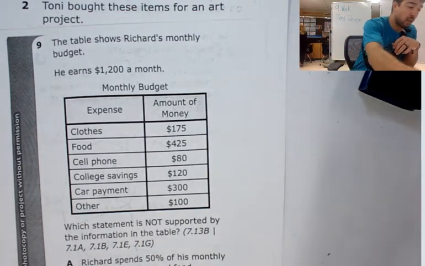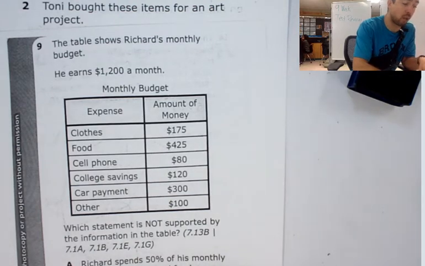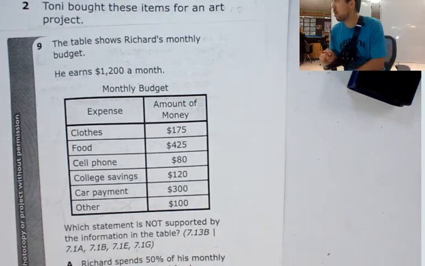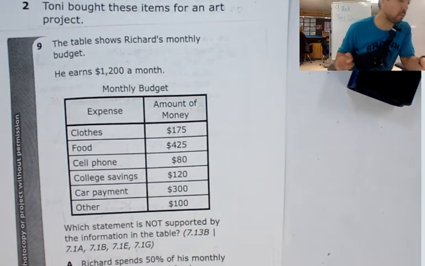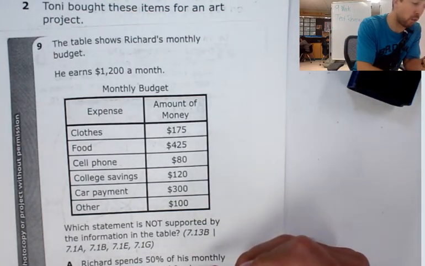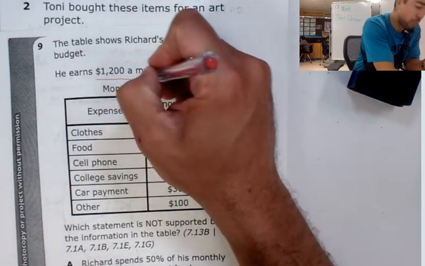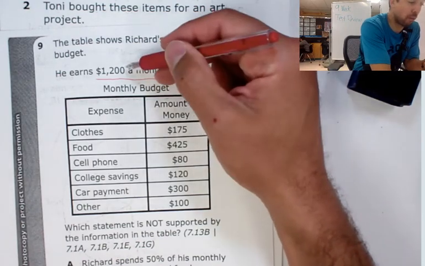So first, it says Richard spends 50% of his monthly budget on clothes and food. What's another way of saying 50%? Half, right? So this is saying that he spends half of his monthly budget on clothes and food. We know that his budget is $1,200 a month. What would 50% or half of $1,200 be?